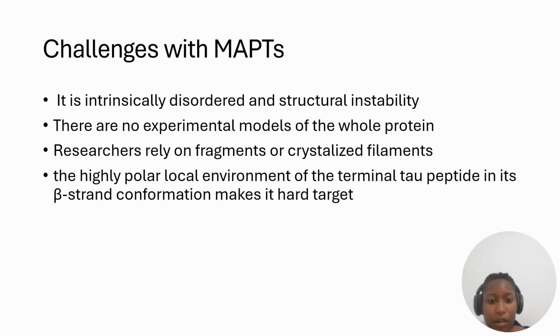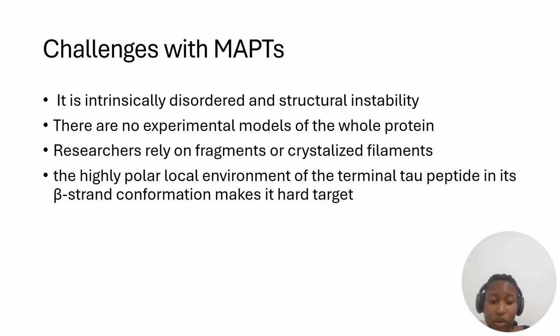Then there are a couple of challenges with MAPT because, with what I've said earlier, our goal would be to identify some molecules that can inhibit the aggregation, the folding within itself, and kind of a too-late answer, a last-minute decision, to stop propagating to other cells. But the MAPT protein is very unstable.